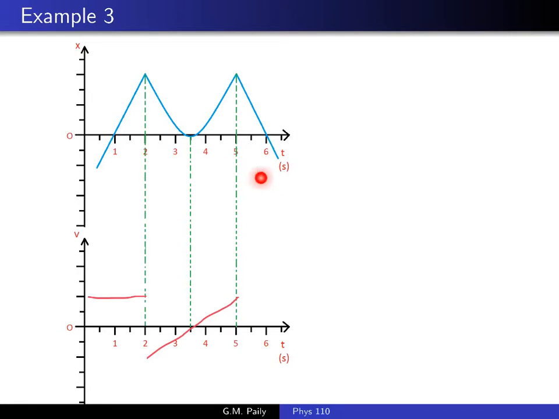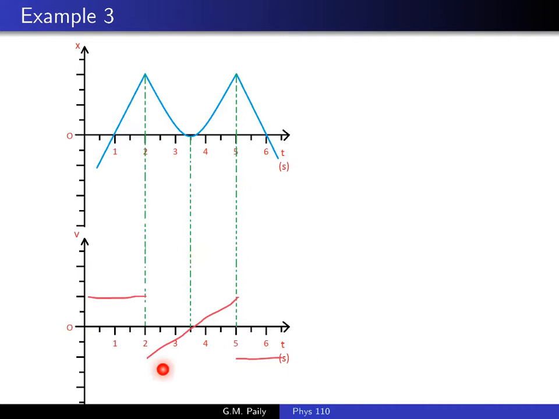And in this region, we see that x versus t is linear. And so that means the corresponding v versus t will be a constant. And we see that the slope is negative, and so it will be a negative constant. And this is the negative constant.